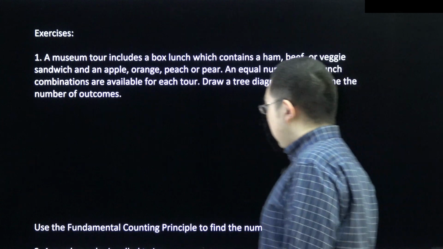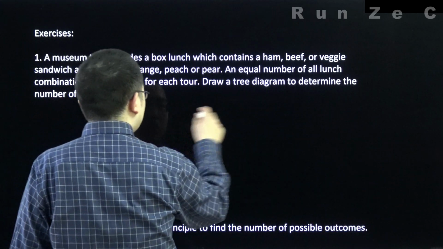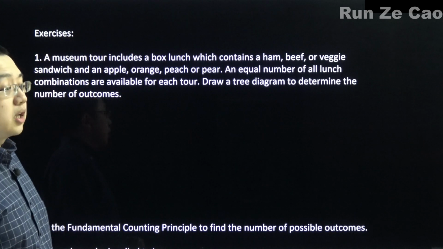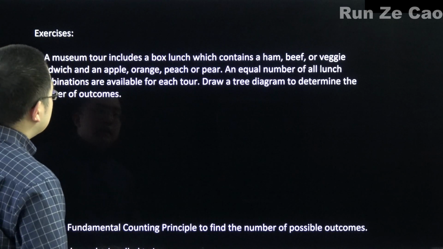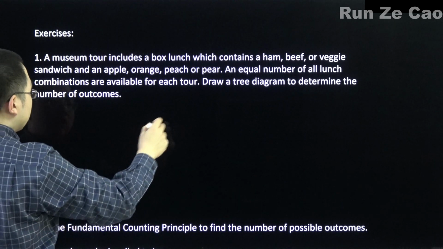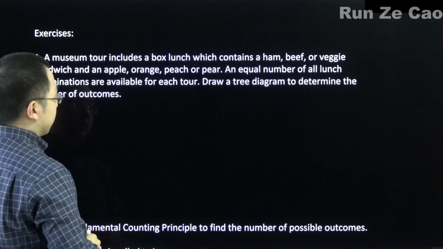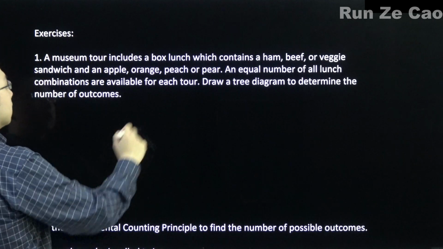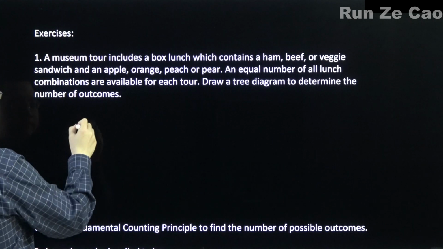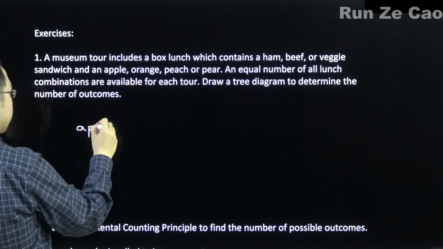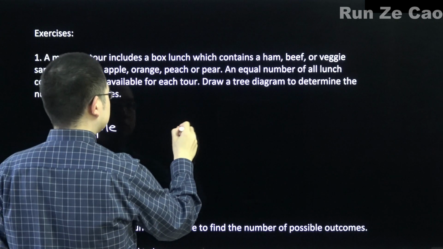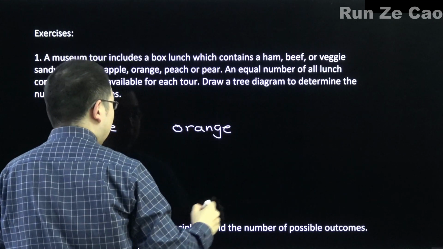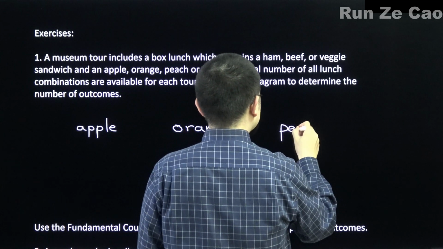Okay, look, tree diagrams, you usually see them drawn horizontally. However, it is also possible to draw a tree diagram vertically. So what happens if we do our tree diagram vertically? Well, yeah, it's pretty obvious why I'm going to be doing it vertically.